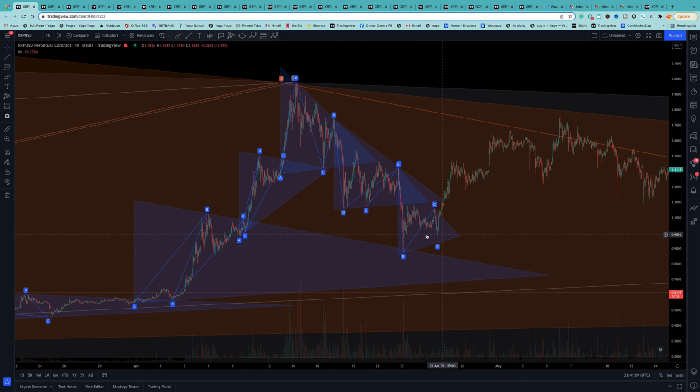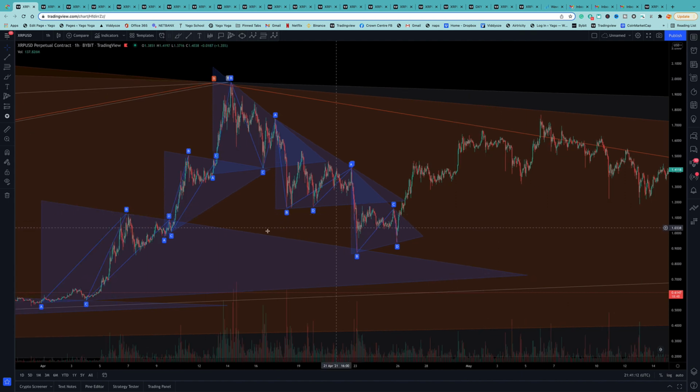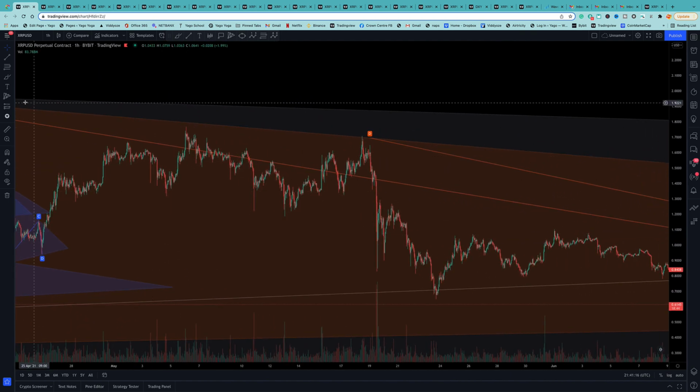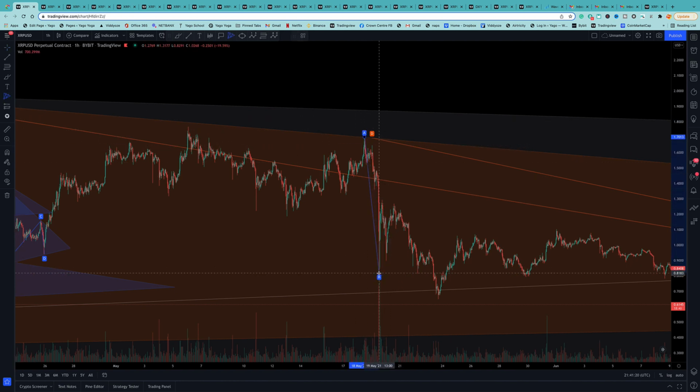This here, this is quite nice and neat. I can give an example. There's no big descending wedges like this one here.